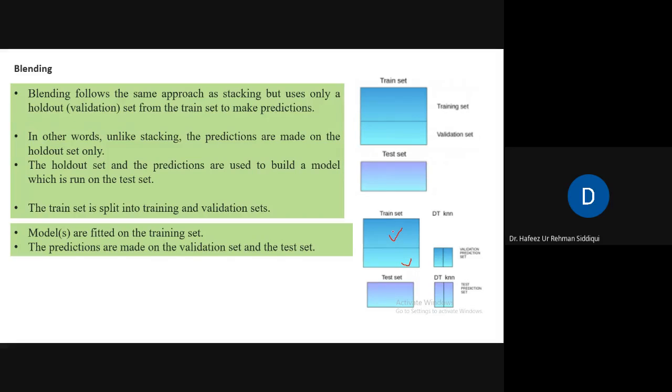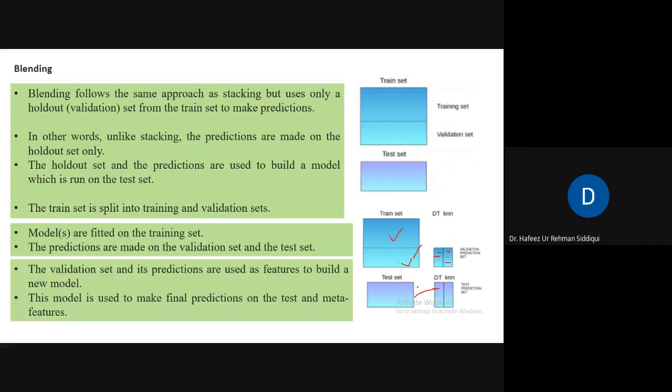Validate means when you have trained it, just give the values from the validation set and find out what its predictions are. For each validation point you will get some output. So you will have these things. Same for DT and KNN. Once you have this, you just use the test set for evaluating it.